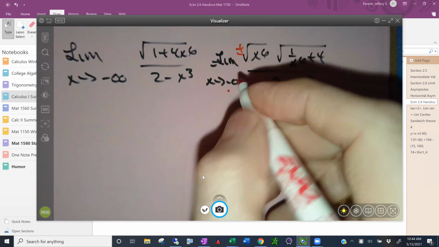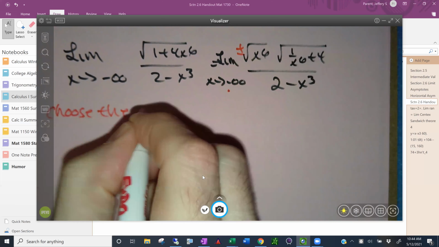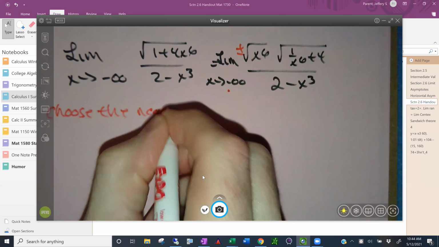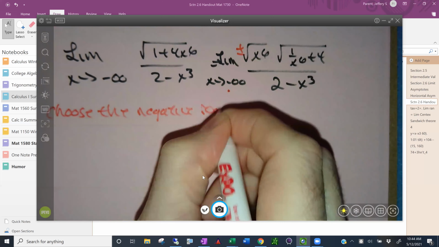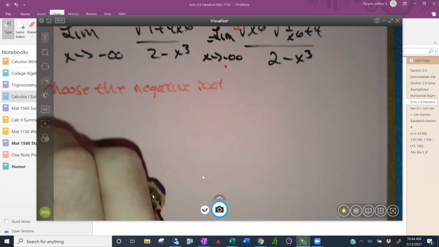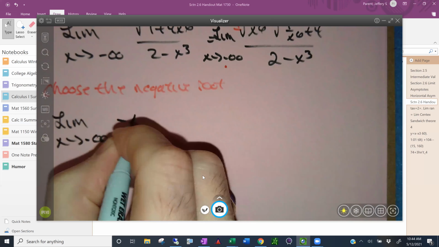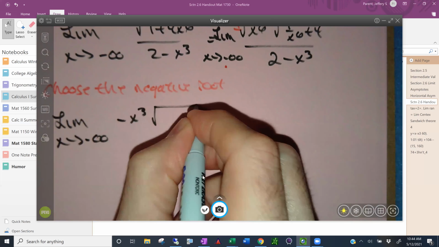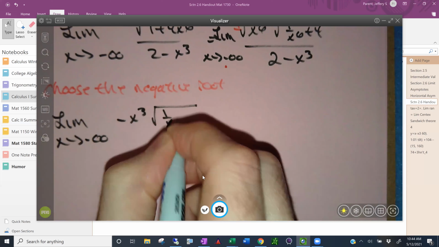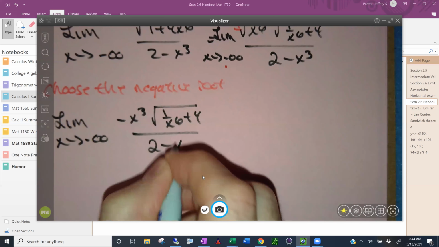So choose the negative root. So it's going to be the limit as x approaches negative infinity of negative x cubed square root of 1 over x to the 6 plus 4, over 2 minus x cubed.